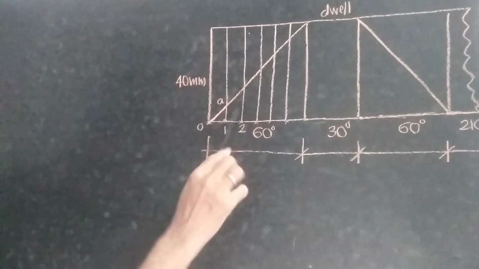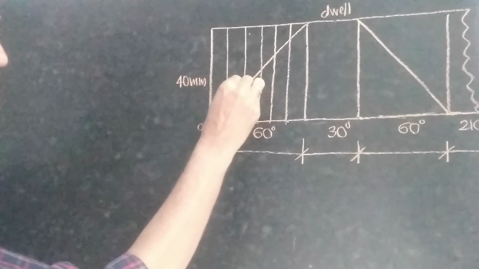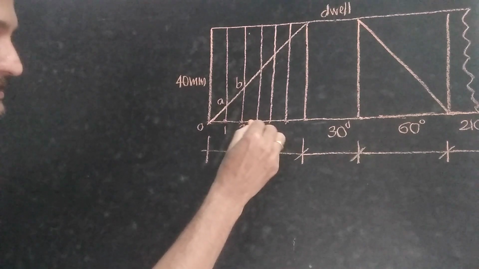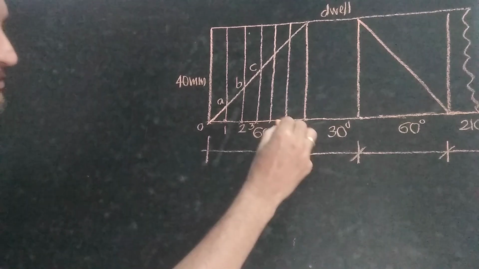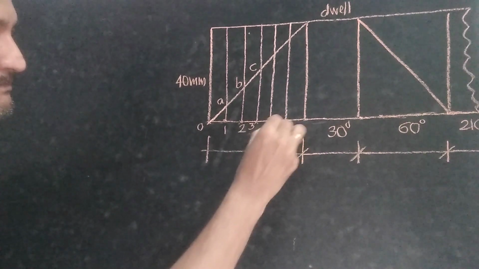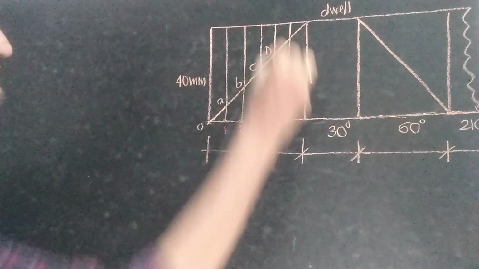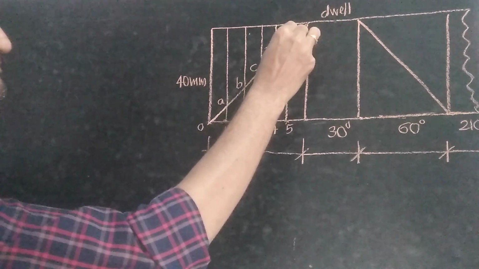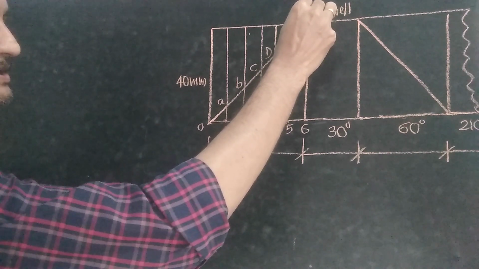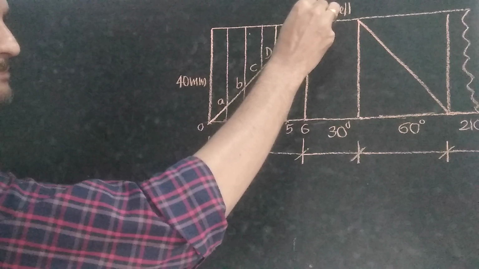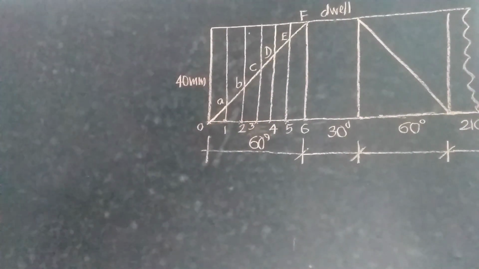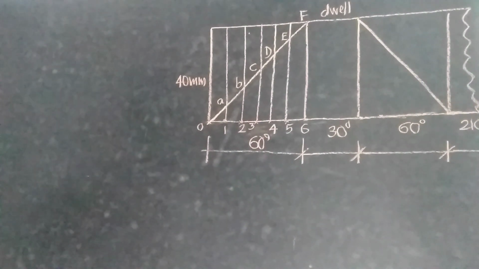Then during the second 10 degrees of motion, the cam is at a lift of 2b. Then next 3c, 4d, 5e, and finally the follower attains a position at a height of 6f. That is the maximum height or the maximum cam lift.